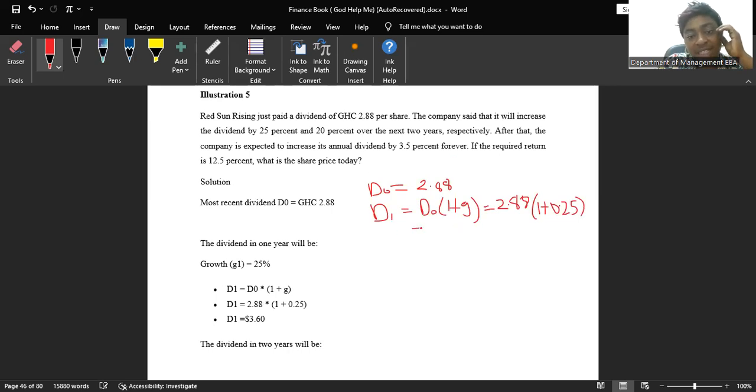So let's bring the answer here because it didn't go there. We are going to get 3.60. Then we calculate D2.